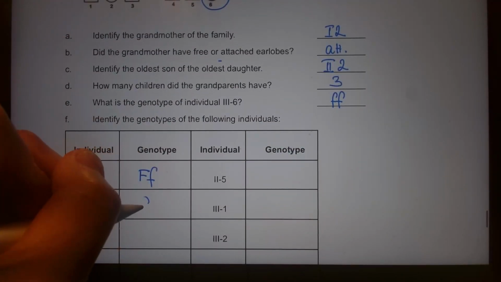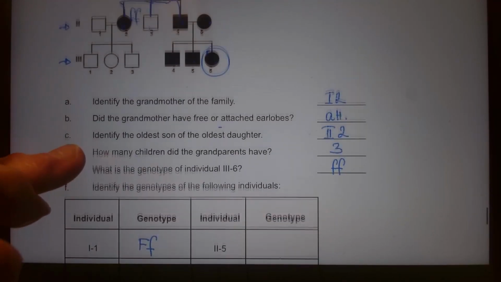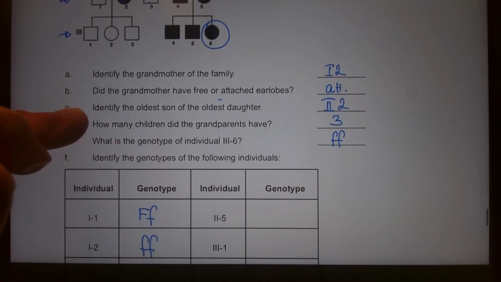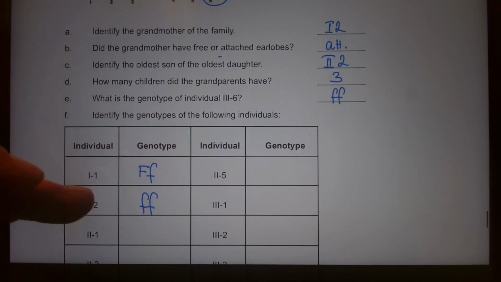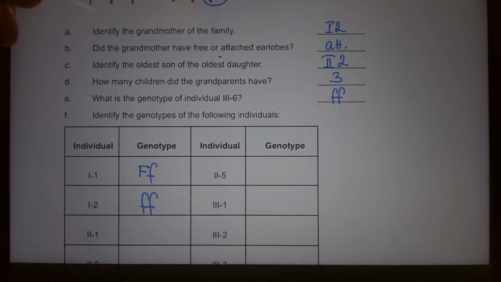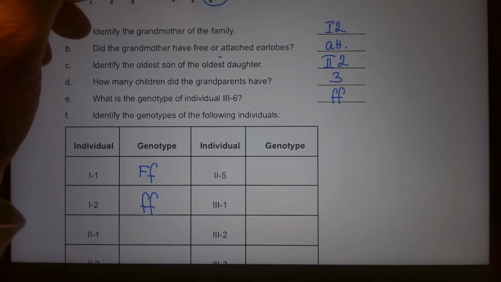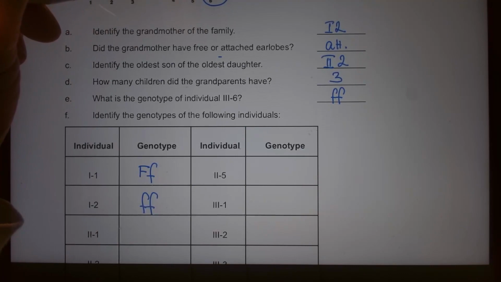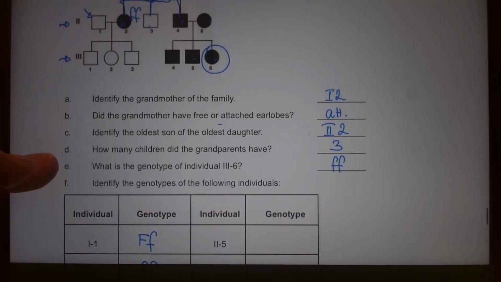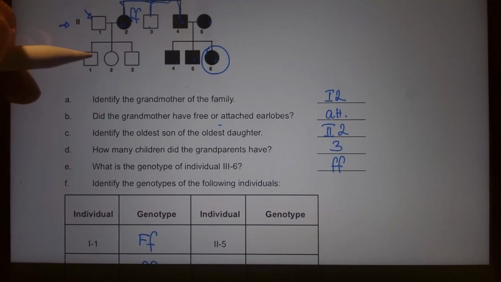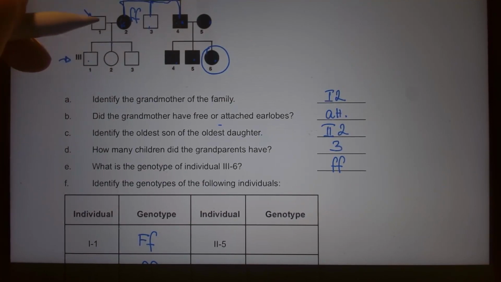1, 2 is lowercase f for both of them. Number 2, 1, so that person, because they don't have any homozygous recessive offspring, this couple, it doesn't mean that number 1 is homozygous dominant.